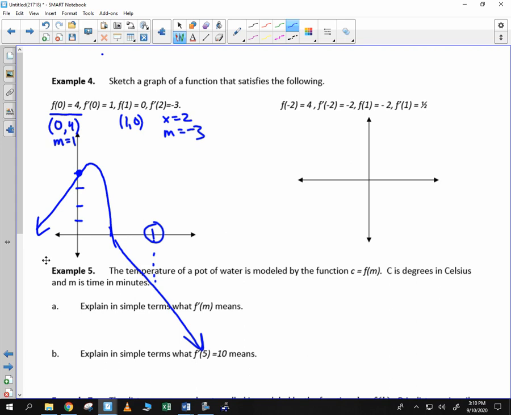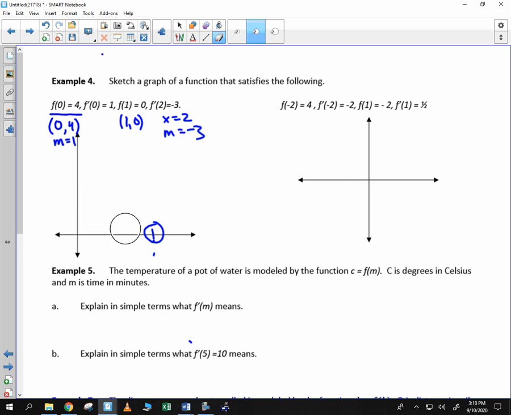There's an infinite number of graphs that you could draw that represent this situation. I'll try to draw another one for you. Again, it passes through here, and it has to pass through here. And so you can go like this.